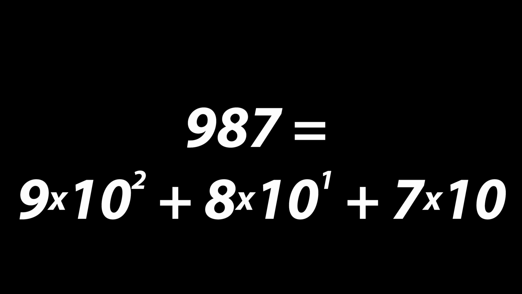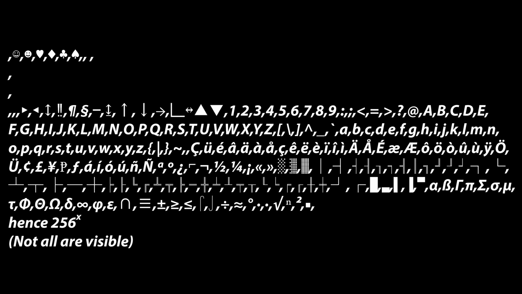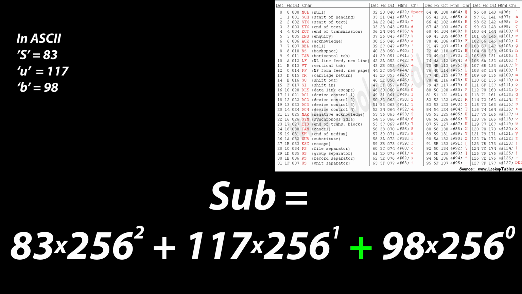In characters, when it comes to ASCII, we have 256 digits, which means it would look like this. It would be S times 256 to the second power plus u times 256 to the first power plus b times 256 to the 0th power. And there we go. Even though sub is 3 different characters, we just changed it into a different number.